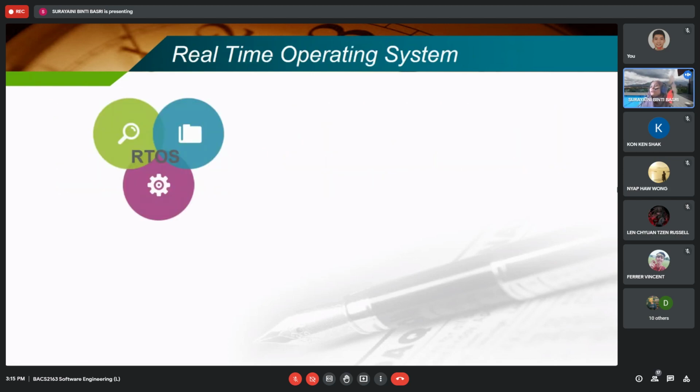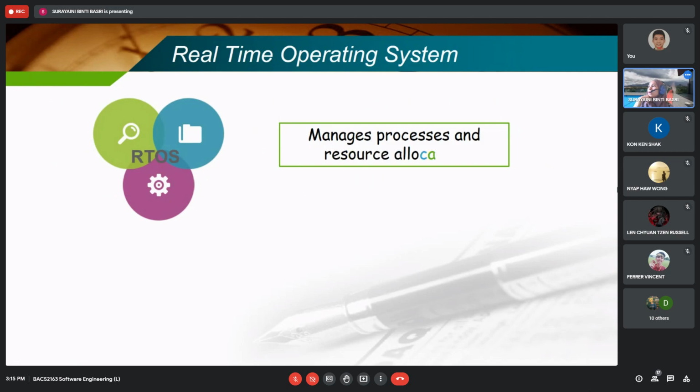Okay, so these are about the RTOS, the operating system for real time. As I mentioned previously, it is responsible for managing process and resource allocation.